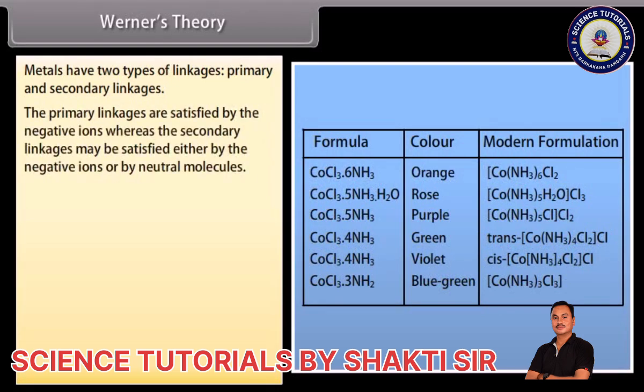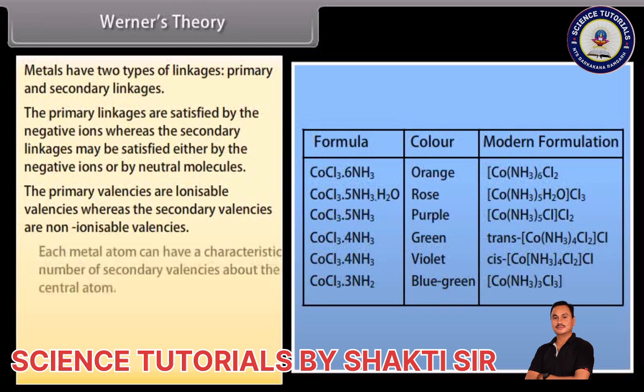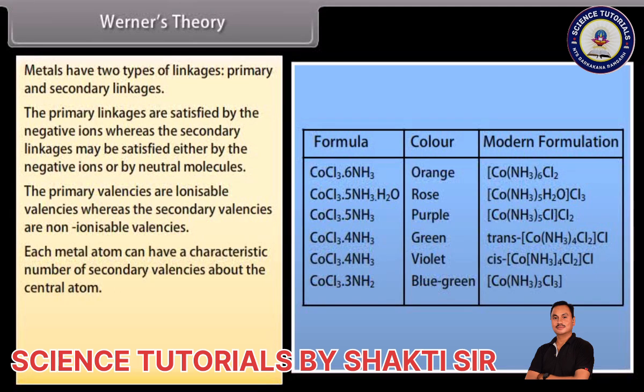The primary linkages are satisfied by the negative ions, whereas the secondary linkages may be satisfied either by the negative ions or by neutral molecules. The primary valencies are ionizable valencies, whereas the secondary valencies are non-ionizable valencies. Each metal atom can have a characteristic number of secondary valencies about the central atom.